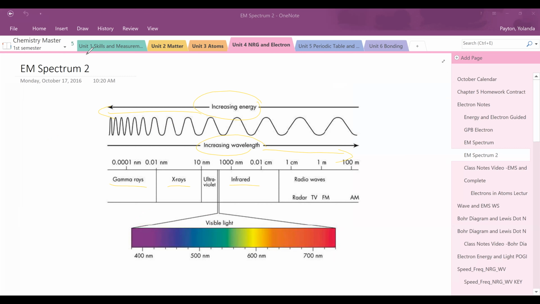If you are not reading it correctly, you may just automatically assume, when I say which one has the highest energy, you may say, oh, easy, radio waves. But it says energy is increasing this way, okay? So just make sure you look at if it says wavelength or energy is increasing one way or the other, okay? So I'm gonna show it to you on this one to start, because I kind of like this one, okay?